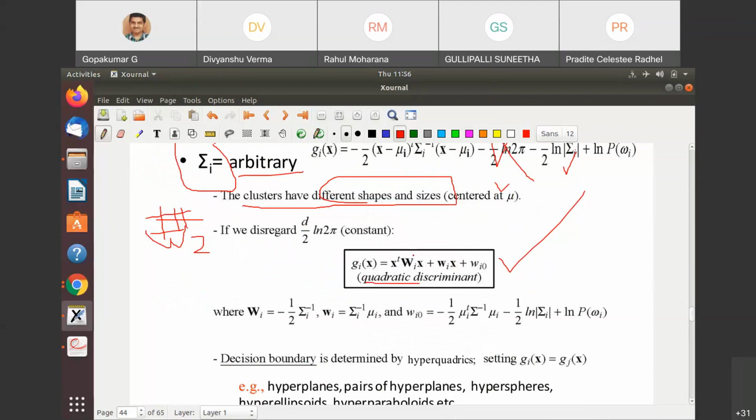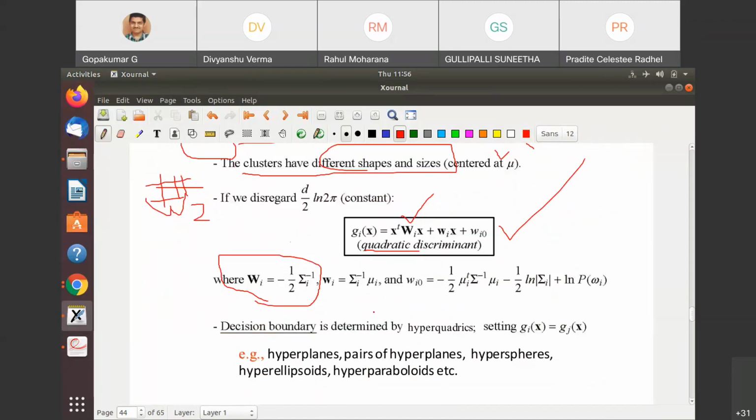Capital W is a term that is defined; this is just rearranging, nothing additional knowledge is required. Similarly we have a small w, this term, and we have the offset or bias. We don't have much simplification possible in this particular case. It's a general case.